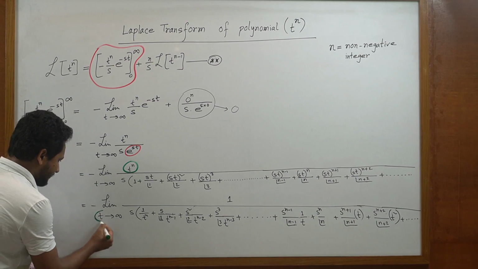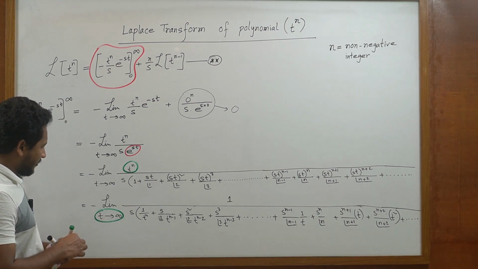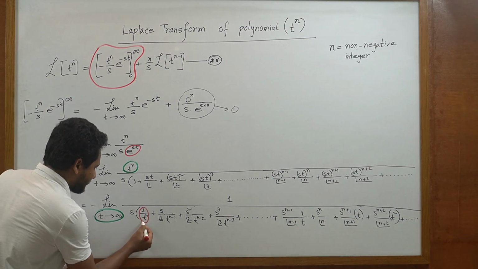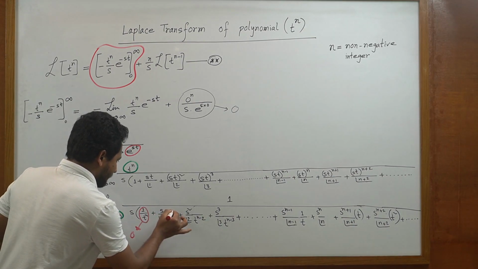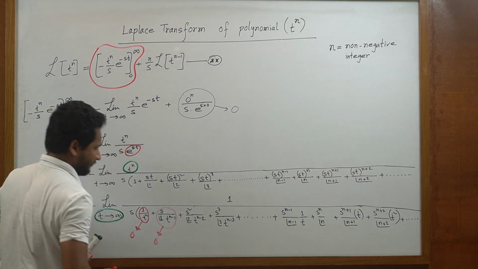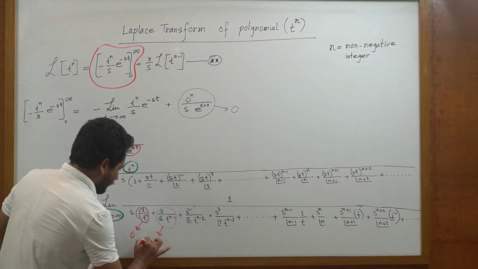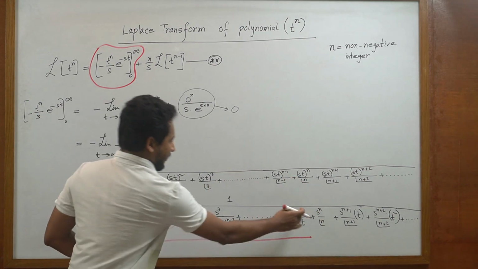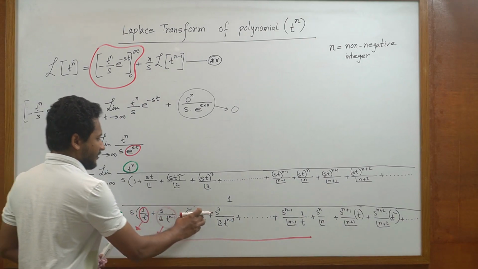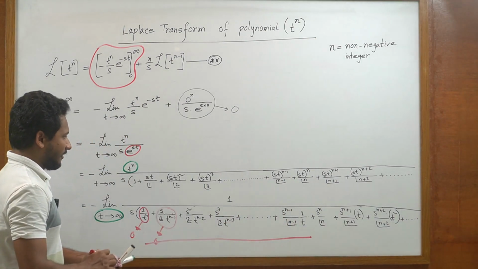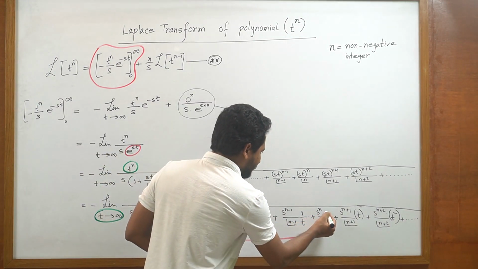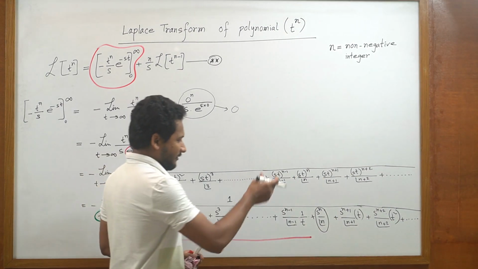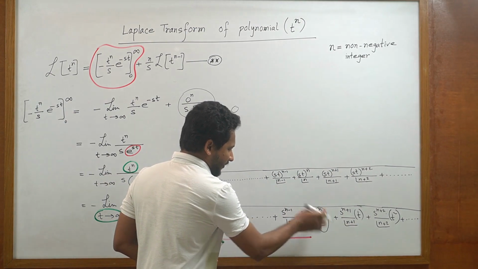Now apply this limit. When we apply this limit, we will get this part as 0, this part 0. So from here to this part we will get 0 0 0 0 0 0, and this part will remain unchanged because there is no t in s to the power n by factorial n.